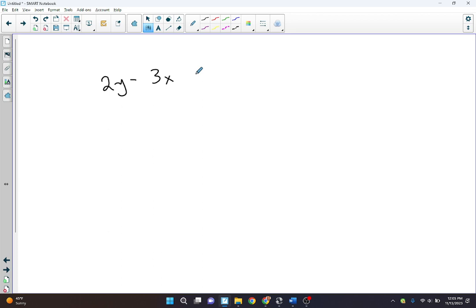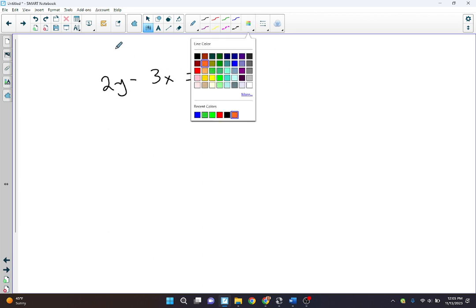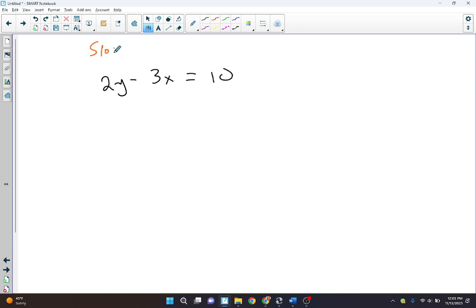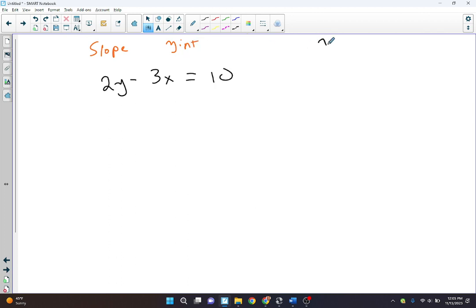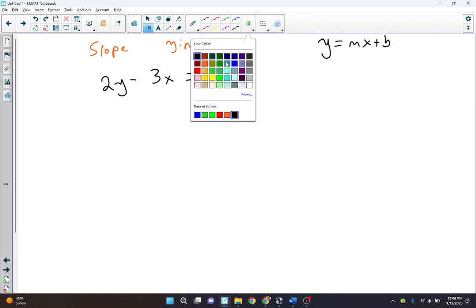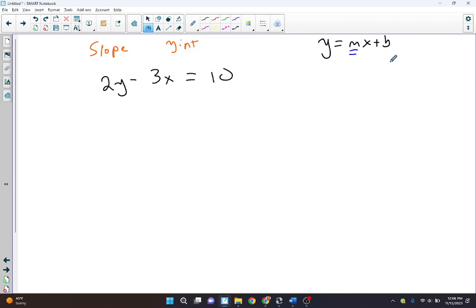3x equals 10. So for this one, I'm going to ask you, please give me the slope and the y-intercept. I can find the slope and the y-intercept if I give it in the slope-intercept form, which looks like y equals mx plus b, where the m, the number next to the x, is the slope, and b is the y-intercept.